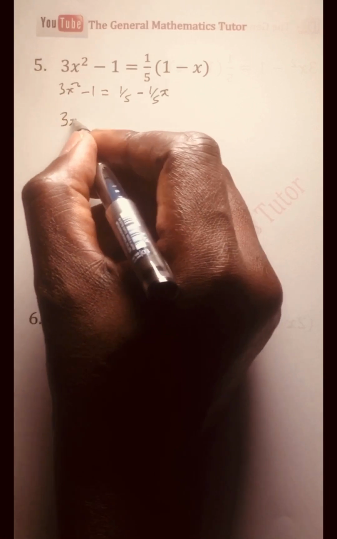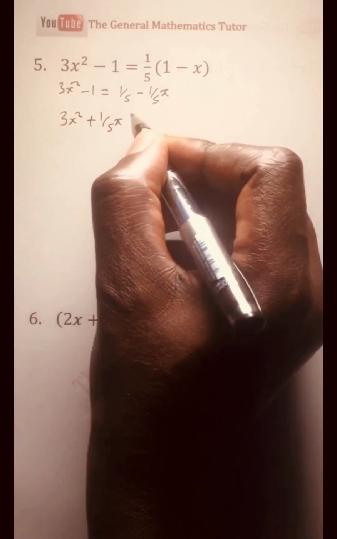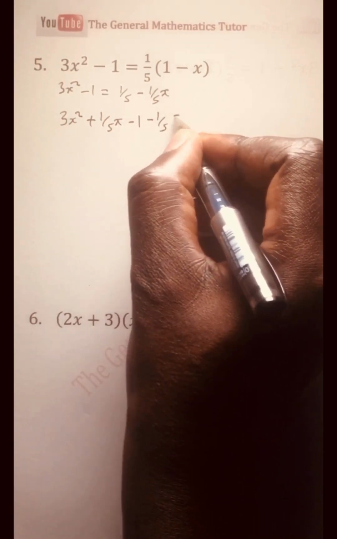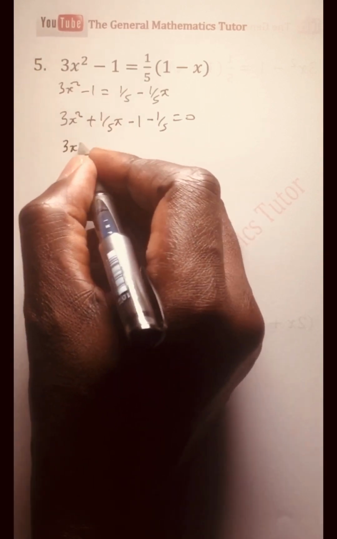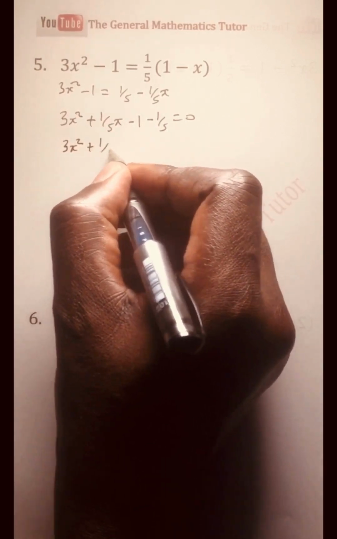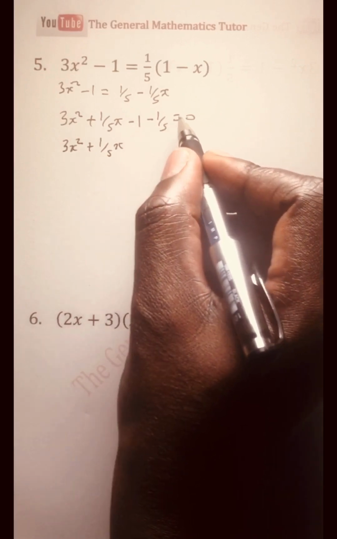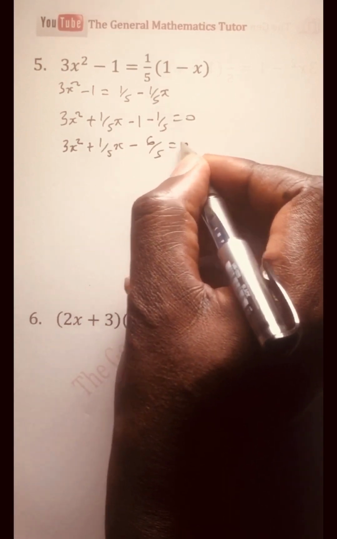We're going to have 3x squared plus 1 over 5x minus 1 minus 1 over 5 is equal to 0. So we're going to have 3x squared plus 1 over 5x. If you take minus 1 over 5, that is the same as 6 over 5 is equal to 0.